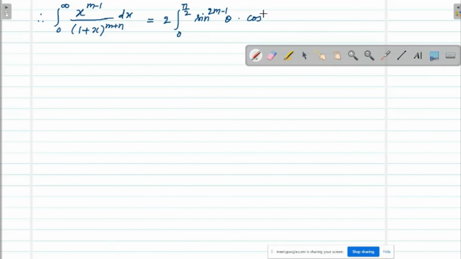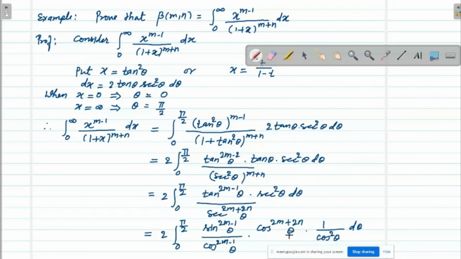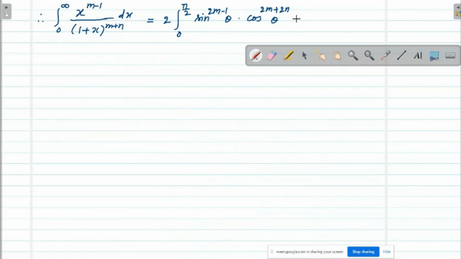Next term is cos raised to minus 2 theta.